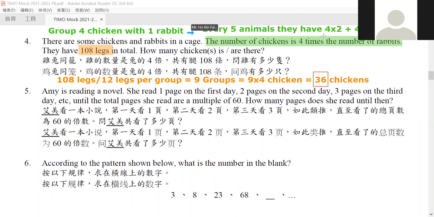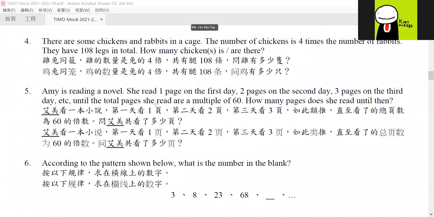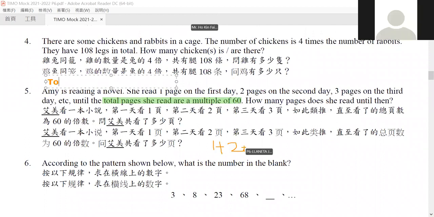In this case we want to find the cases in which the total pages is a multiple of 60. So, what is the total pages? The total is 1 plus 2 plus 3 plus 4, and so on up to some number n.